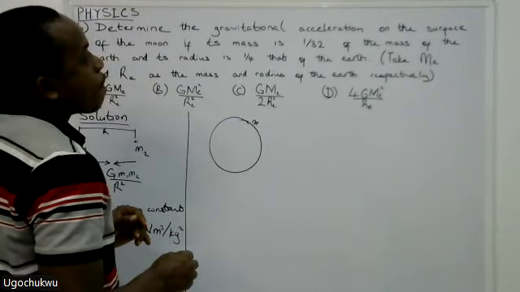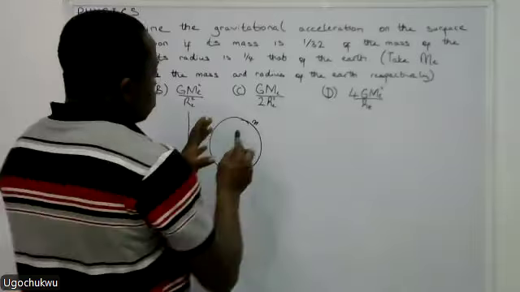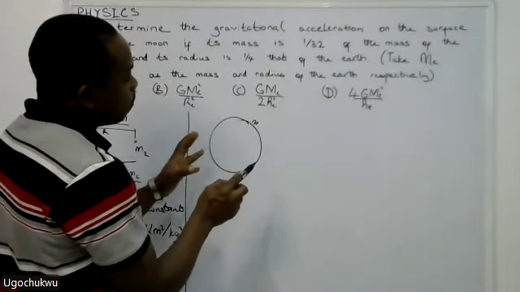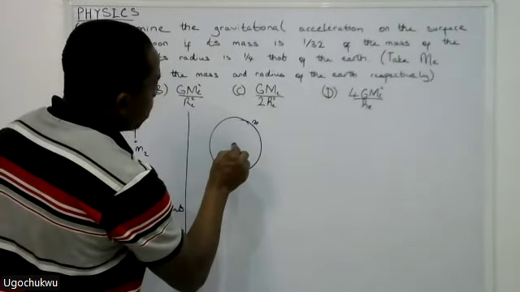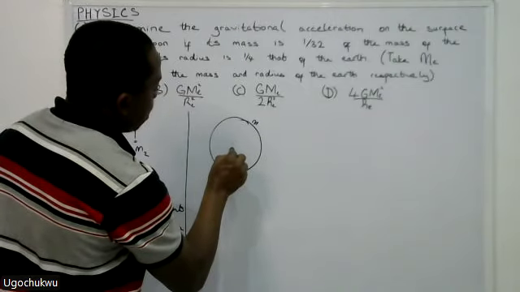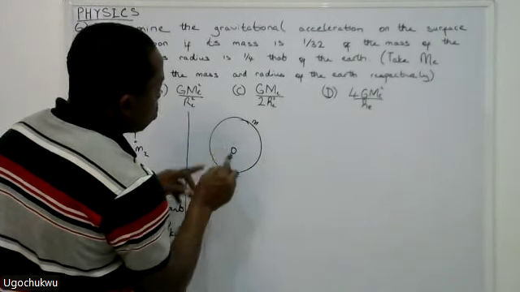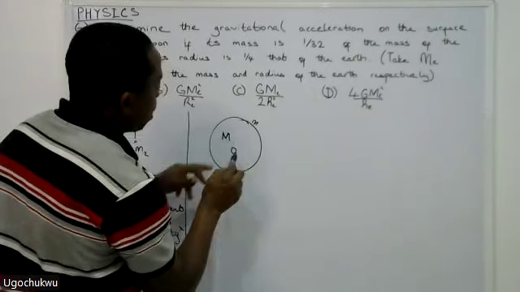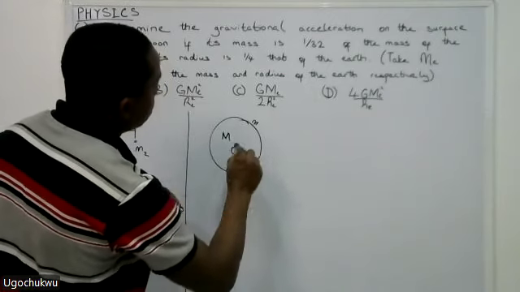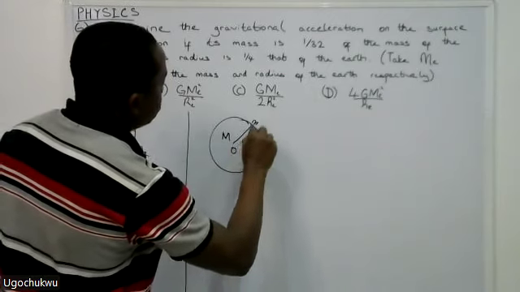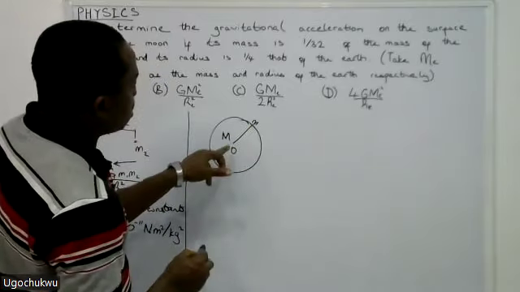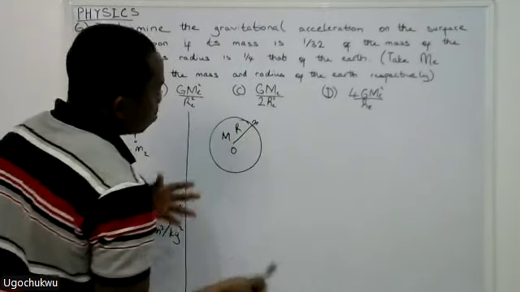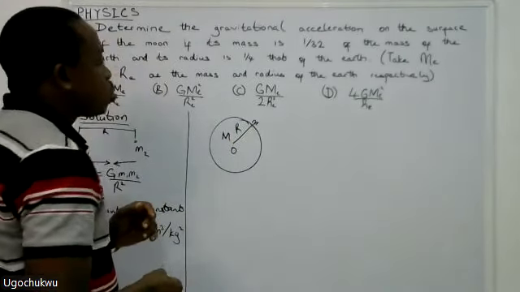Now, if we assume that the density of the Earth is uniform, we can say that the mass of the Earth will be concentrated at the center of the Earth, which is O. And then the distance between that mass on the surface of the Earth and the center of the Earth is r, let's say the radius of the Earth in this situation.